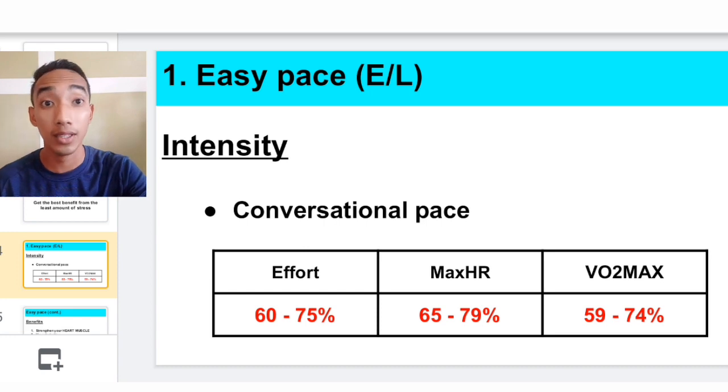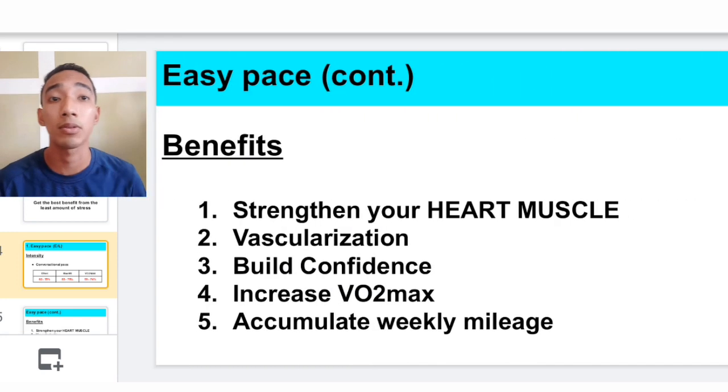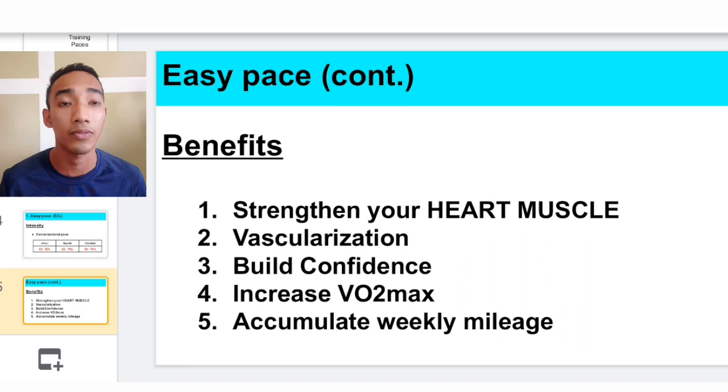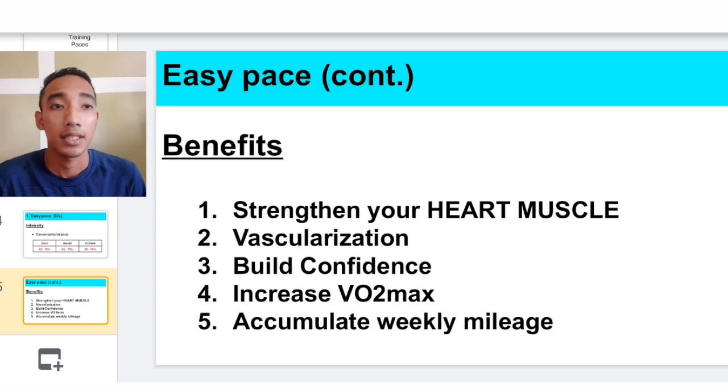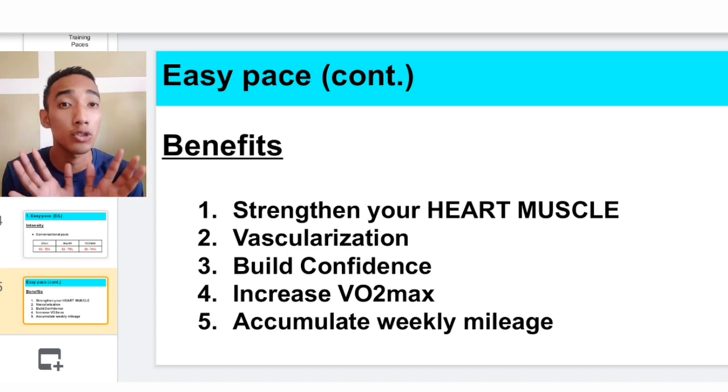So what are the benefits you can get from this type of training? So easy pace, the benefit. First is that it strengthens your heart muscle. So remember guys, our heart is already a muscle. Tapos strengthen your heart, you can deliver more blood into your working muscles. Number 2, vascularization, that would open up new blood vessels.